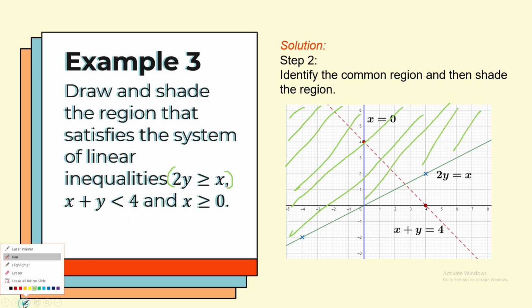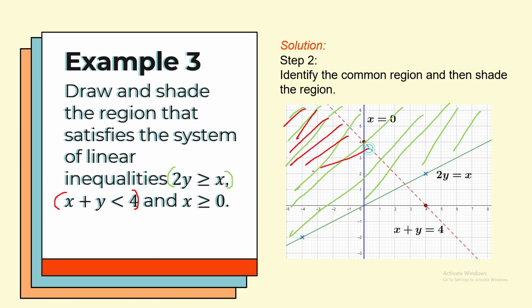And the second linear inequality, I will use red pen. This dashed green line is our second linear inequality. It says lower than, so it must be at the below region. So this is the part. We shade this area.